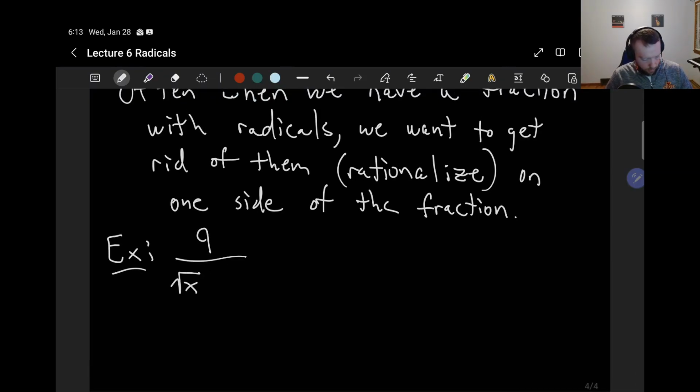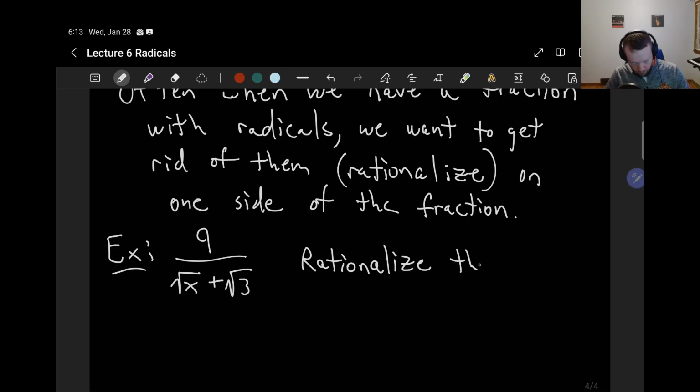Let's look at 9 over the square root of x plus the square root of 3. So I have radicals on one side of the fraction. I want to rationalize the denominator. So in other words, have a polynomial in the denominator instead of radicals. So integer powers.